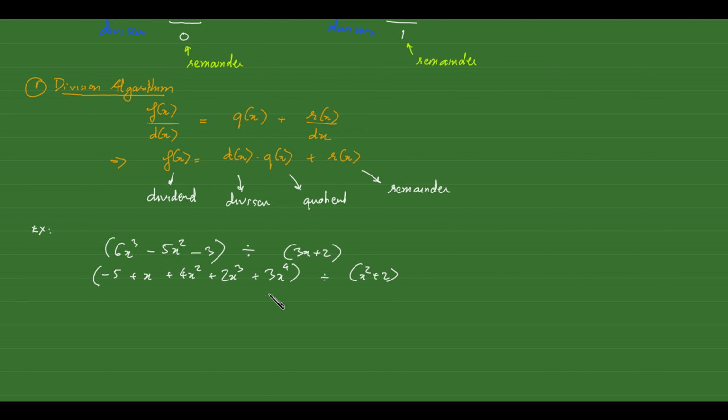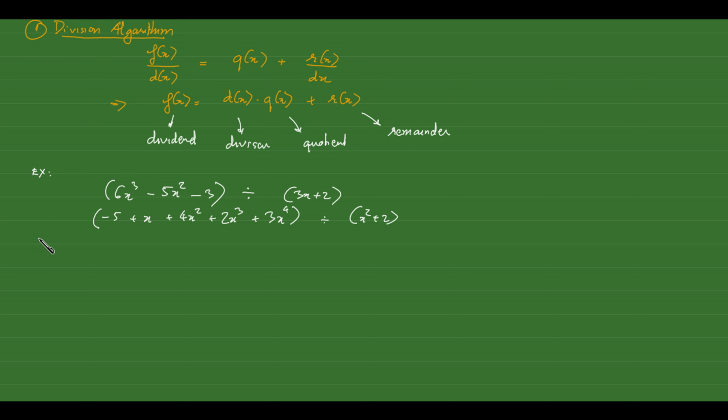Another way of doing division is called synthetic division. Let's talk about the remainder theorem and the factor theorem first, before we do synthetic division.